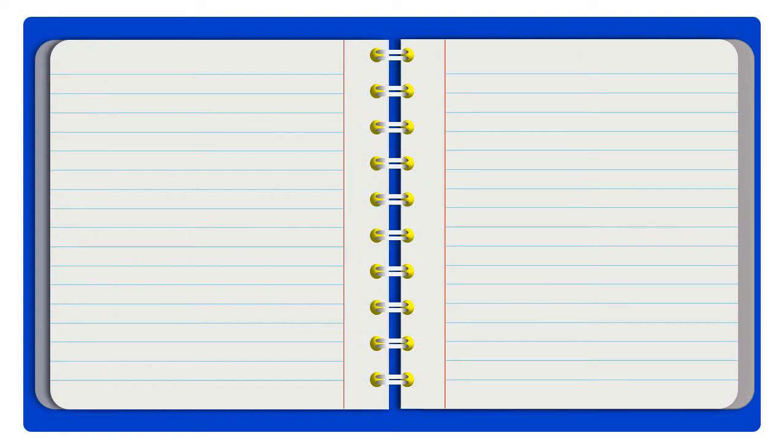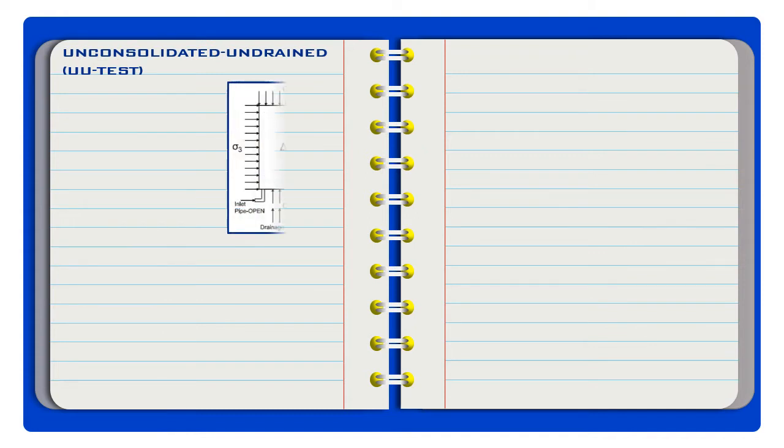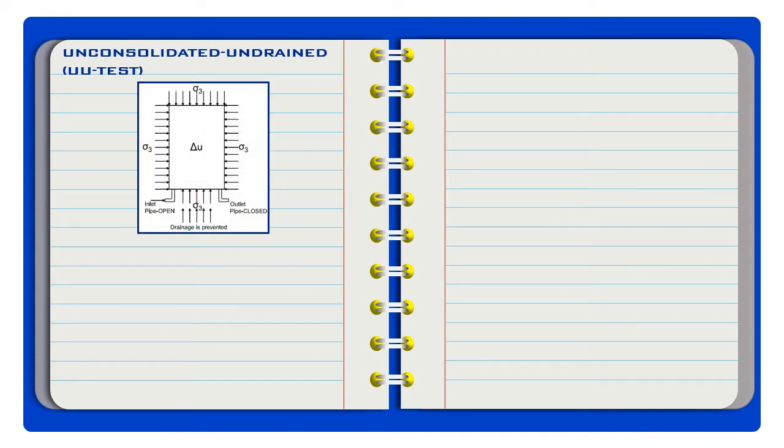So for our next type of test, meron tayong unconsolidated undrained test or the UU test. From the name itself, the first stage will be unconsolidated, meaning hindi natin i-consolidate yung soil natin. On our first stage, yung inlet pipe natin open and papapasukin pa rin natin yung hydraulic pressure sa kanya, which is sigma 3 or yung chamber confining pressure.